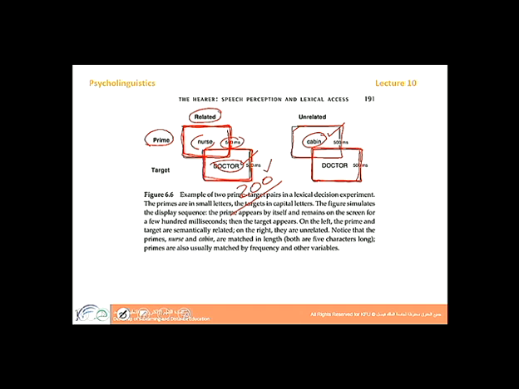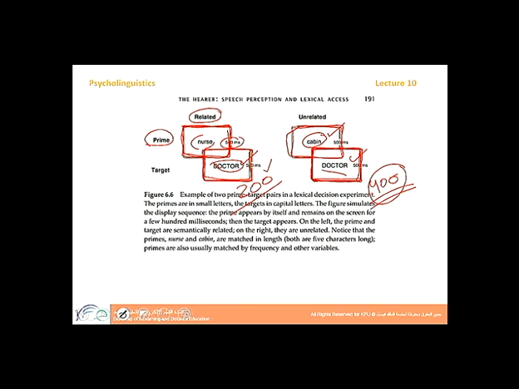They say maybe 400 milliseconds. Why? Because here the word doctor was preceded by an unrelated prime. And that's why it takes people longer to say, yes, this is a word. It takes them 400 milliseconds here.